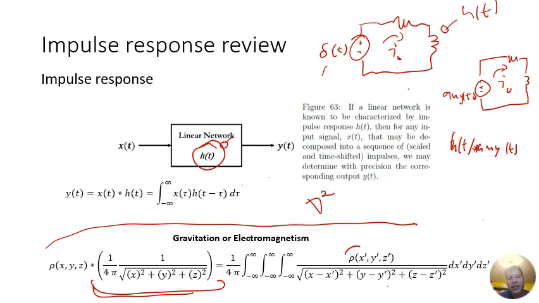So here what you're actually doing is a spatial convolution in 3 variables, the x, y, and z coordinates. In our circuits, we're only doing them in the time domain. All right, so that's a review of our previous lecture.